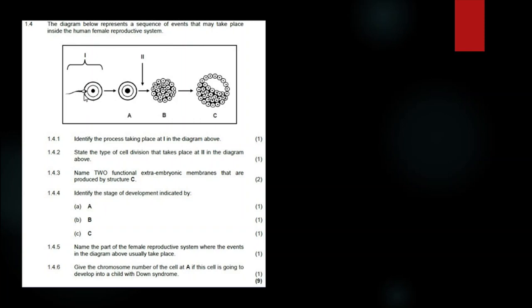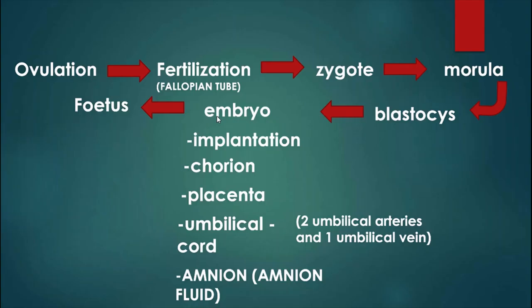State the type of cell division that takes place at 2 in the diagram below. I told you, from zygote to a solid ball of cells, that is mitosis, not meiosis. The next question, name 2 functional extraembryonic membranes that are produced by structure C. The answer is chorion and amnion.